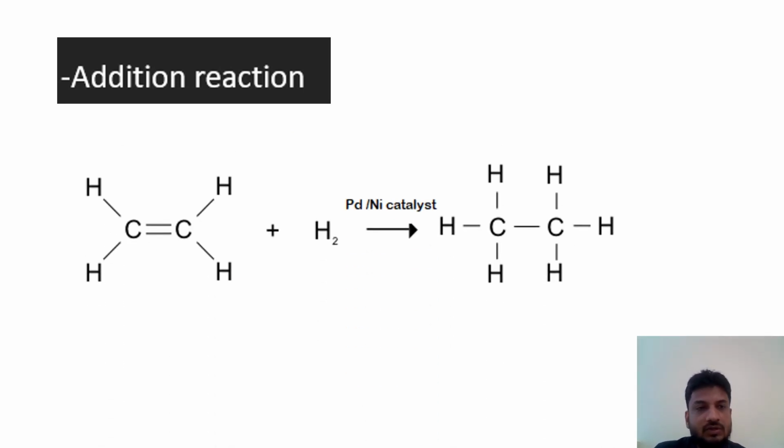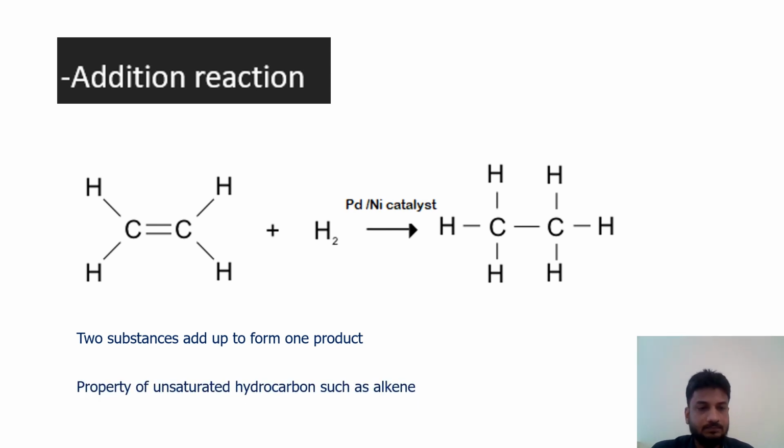Then addition reaction is also an objective. The name suggests addition: when two compounds combine to form a bigger one, or two groups of atoms. You can see ethene combining with hydrogen here to form ethane. This is an example of hydrogenation, and hydrogenation is a type of addition reaction.